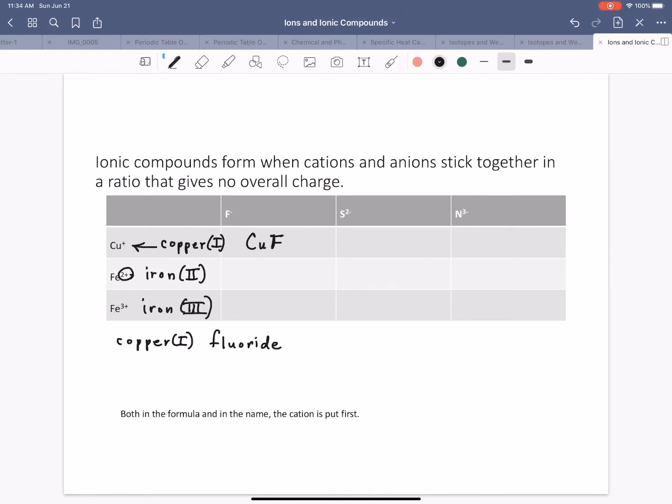For iron(II) and fluoride, we're now going to need 2 fluorides to balance that +2 charge. And that is iron(II) fluoride. Iron(III) will have a different formula because 3 fluorides are required to balance that +3 charge. And so we need to say it's iron(III) fluoride.